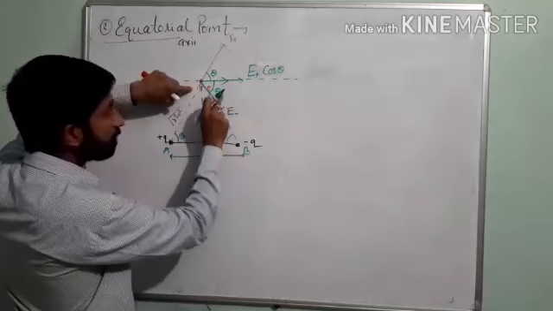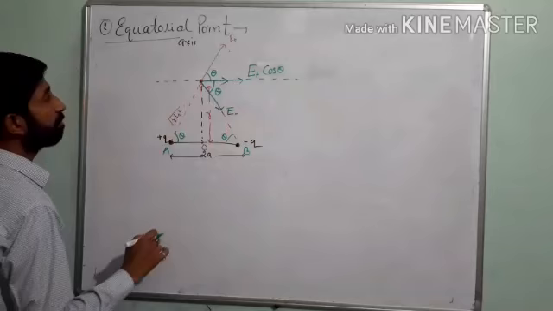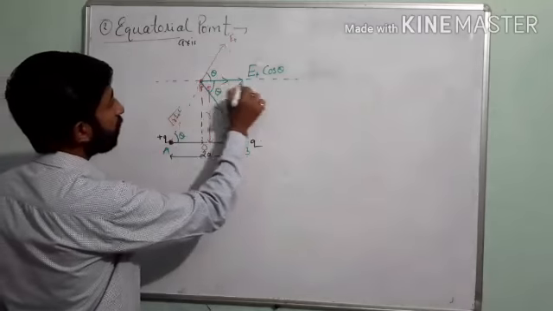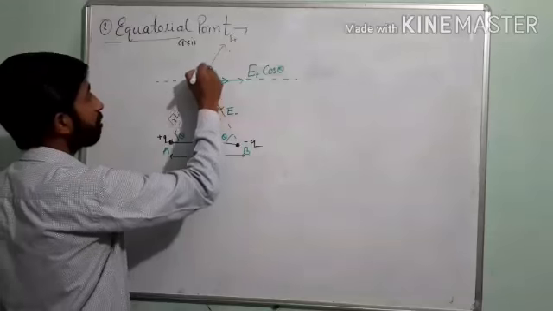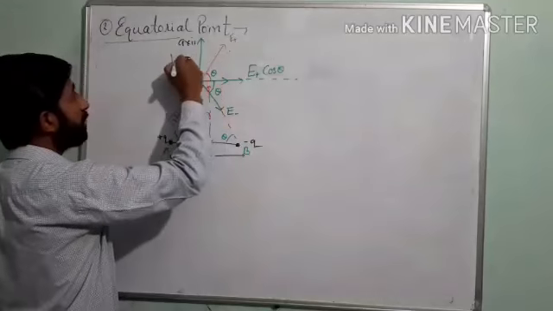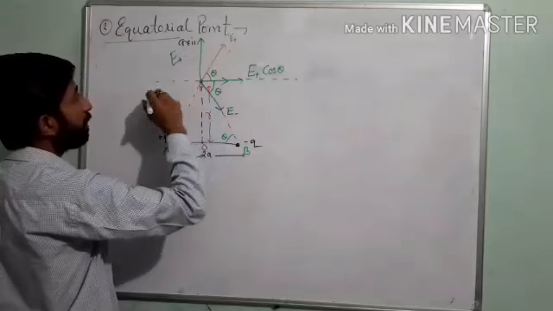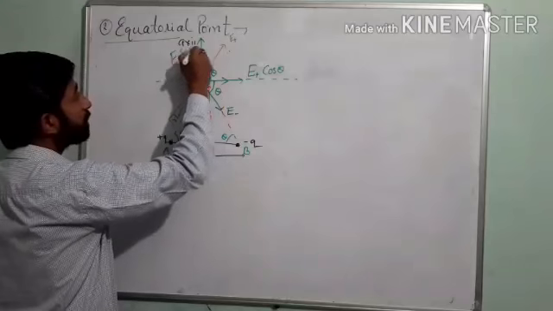Now this is the horizontal component of this electric field, and its perpendicular component will be this, that is E plus, but perpendicular means sin theta.